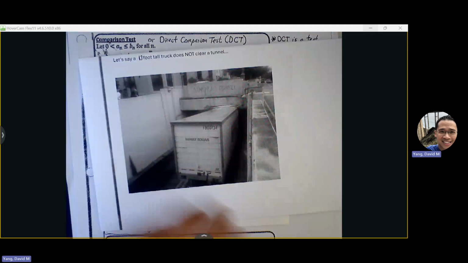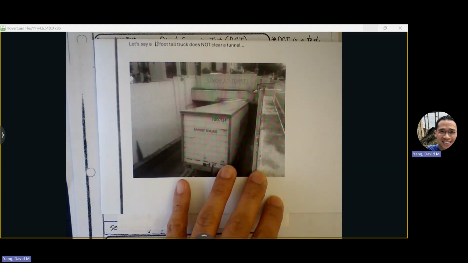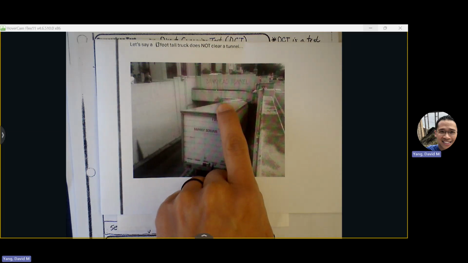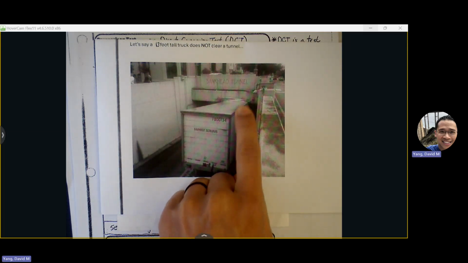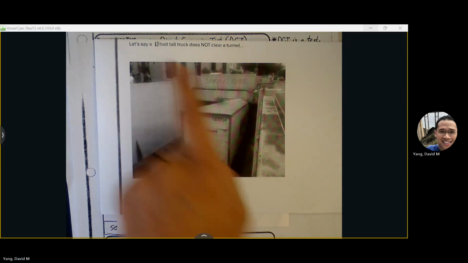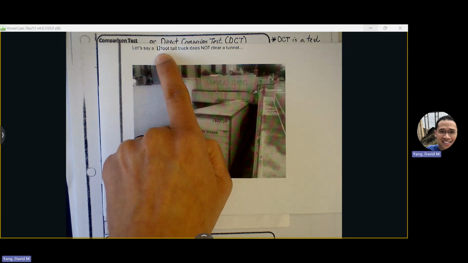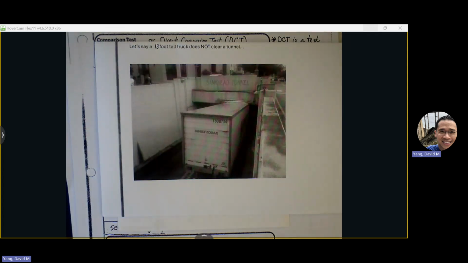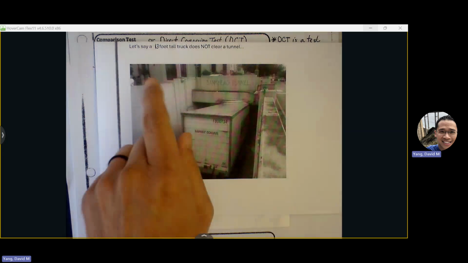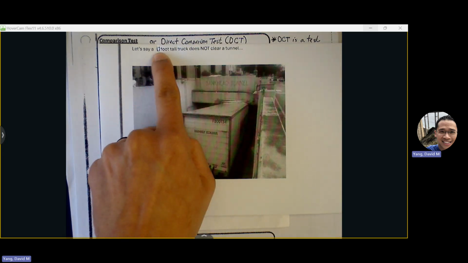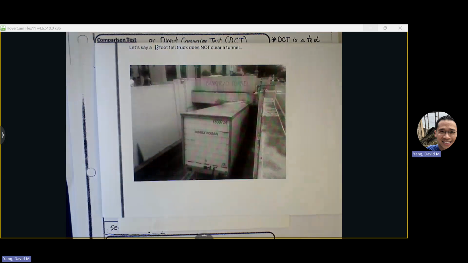Same thing here. Let's say we have a 13-foot tall truck that will not pass. Okay, that cannot clear the tunnel. Can we guarantee that anything less than 13 foot will pass? No. Okay, we don't know. I mean, probably, right? But we don't know. But can we guarantee that anything more than 13 foot will not pass? Yes, right. If 13 foot is not going to pass, then anything greater than 13 is also not going to pass.